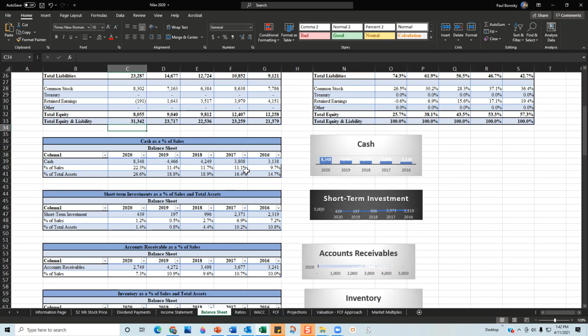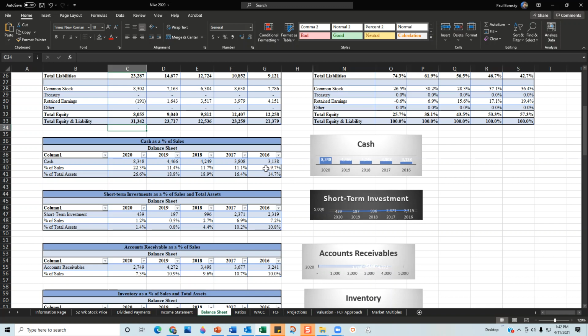An example of this would be Nike's cash. They ended 2016 at $3.1 billion in the bank. In the next 4 years, the organization's cash position would grow to $8.3 billion, or 22% of sales. In 2016, their cash as compared to sales was 9%.